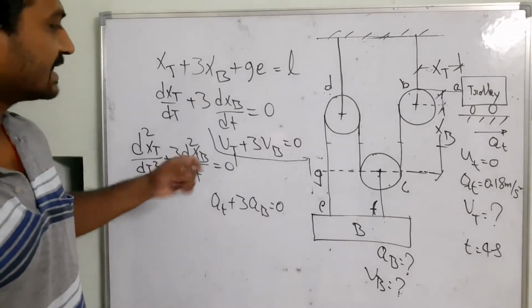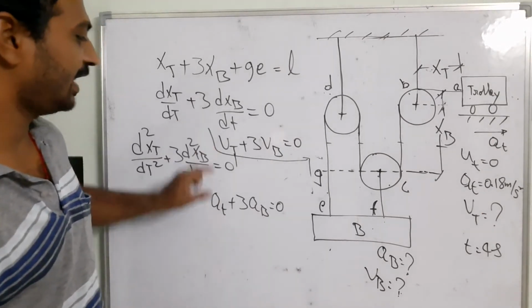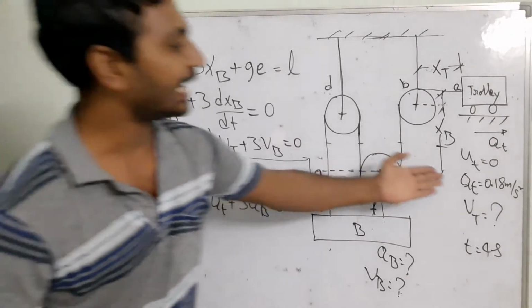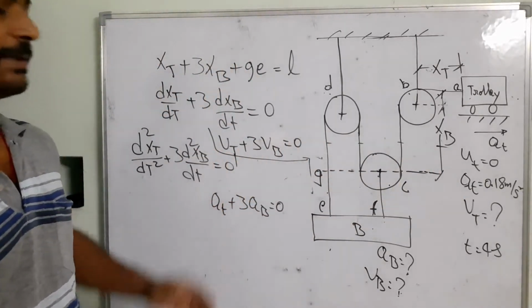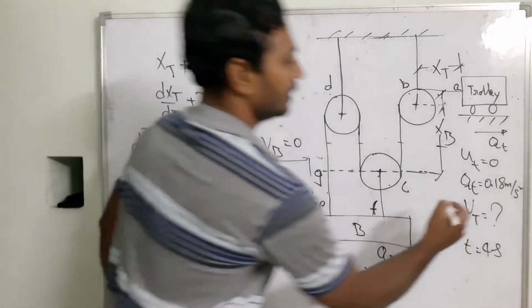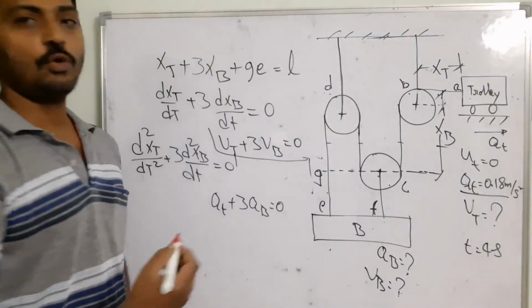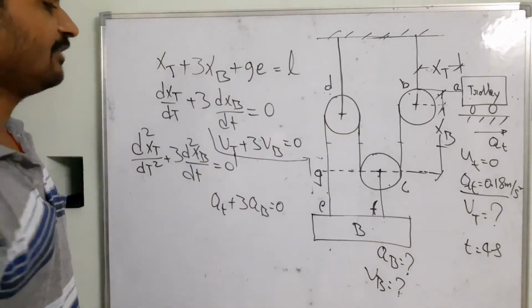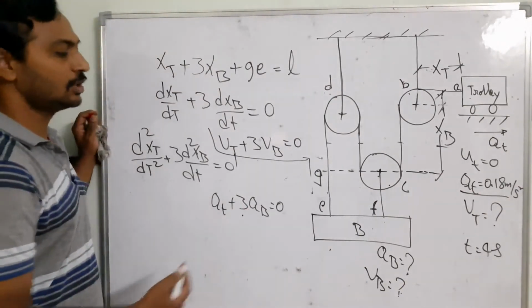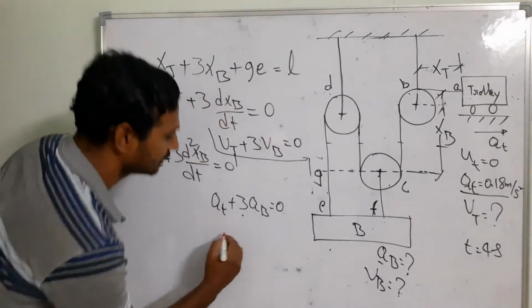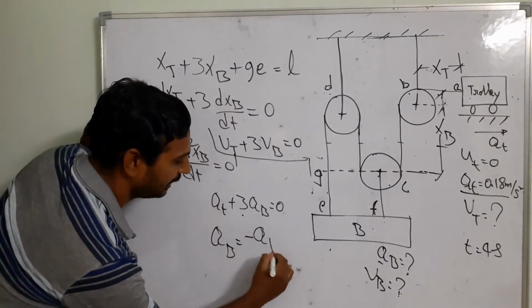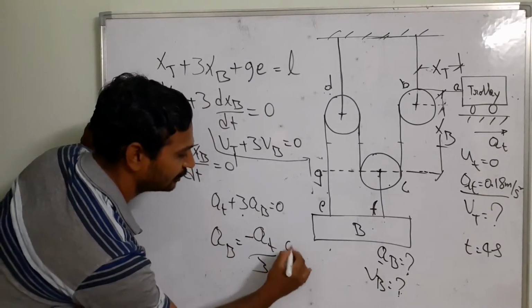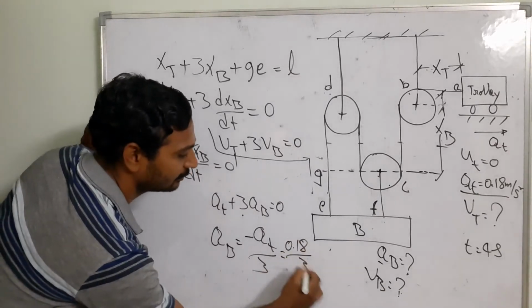So now once I have got the relationship between the velocity as well as the acceleration, then I can substitute these parameters in this equation so that I can get the remaining parameters. There we can see the at is equal to 0.18 meters per second square. If I am going to be substituting in this equation, I can calculate the ab. So ab is equal to minus at by 3, then 0.18 by 3.